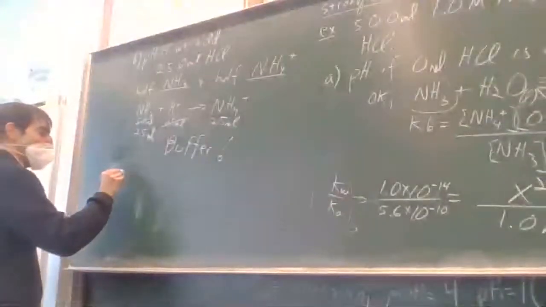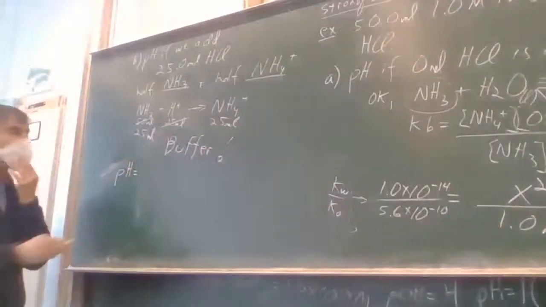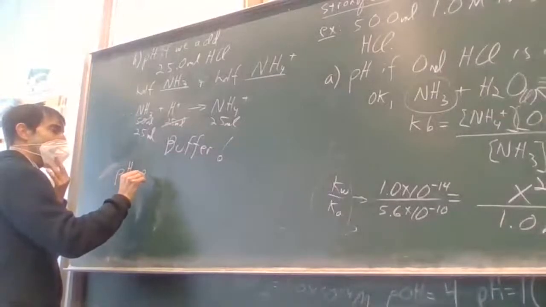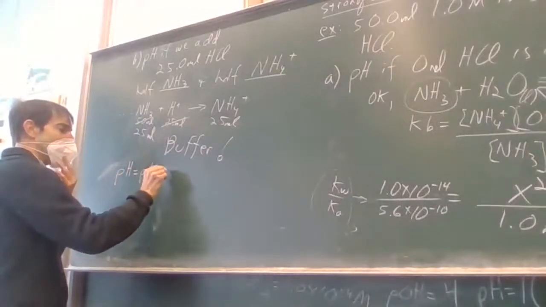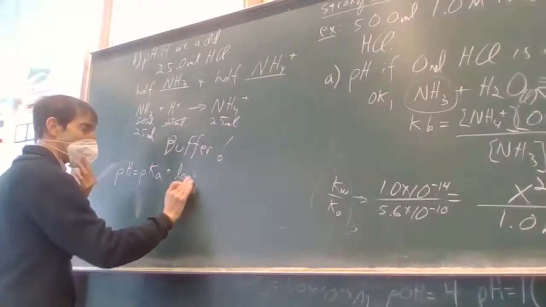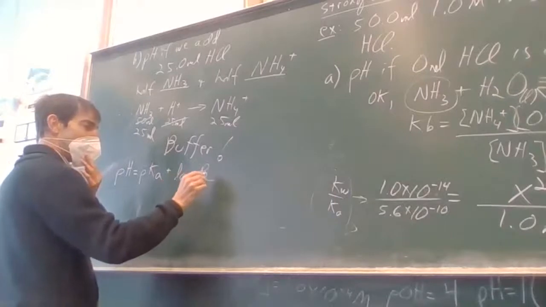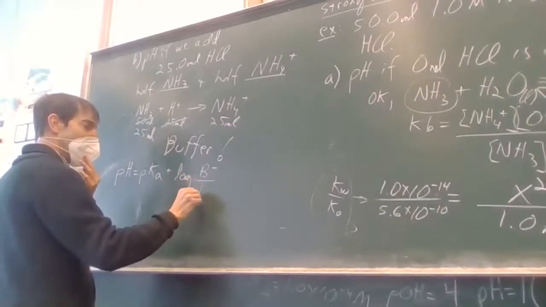just do it. The pH equals, what's my handy dandy buffer equation? The pKa plus the log of the concentration of A minus over the concentration of HA.